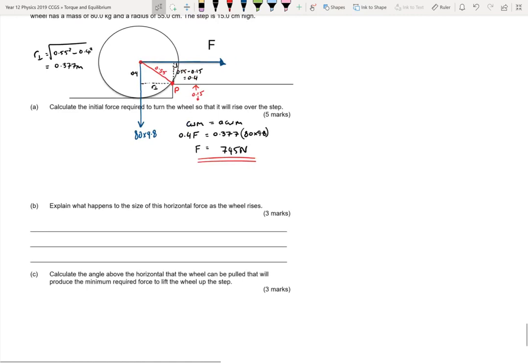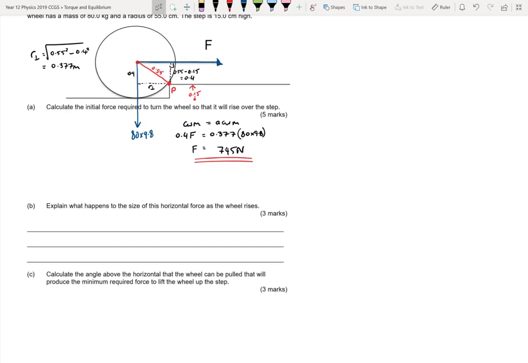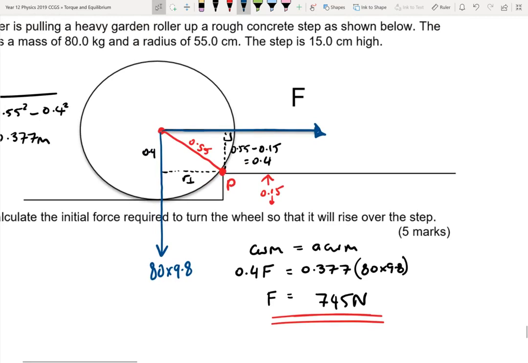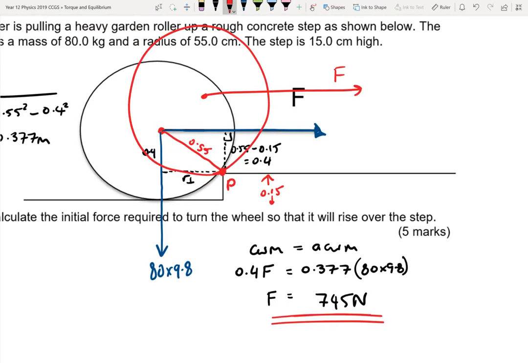Explain what happens to the size of the force as the wheel rises? There's actually two things that happen. So I'm just going to imagine we took that circle and I'm going to try and draw it, rotated up a bit, like this. That wasn't actually too bad. We're raising the wheel up. Two things are happening.